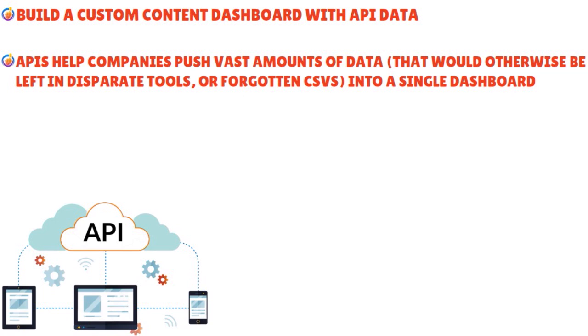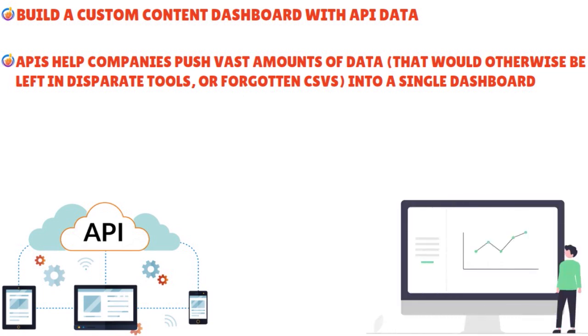So this ability to have this holistic approach is really fantastic. So API powered content dashboards are a great option if you want to extract a significant amount of content marketing data. If you need auto updating information on a regular or real-time basis, this is really important.